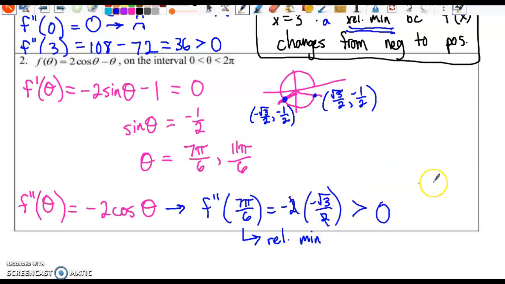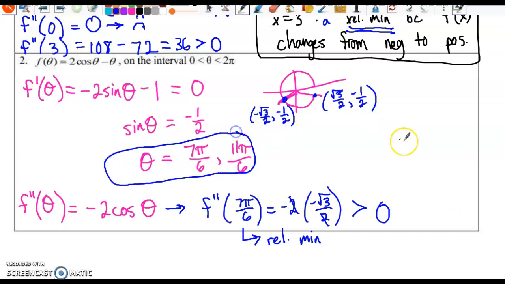Because remember, and maybe you forgot from the previous video, that these values are your critical numbers. So if it's concave up, then it's got to be the bottom of the curve. So being a positive second derivative makes it concave up, and it's the bottom of a curve, so it's relative min.